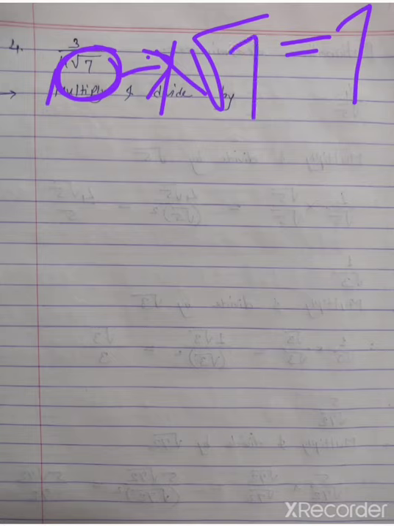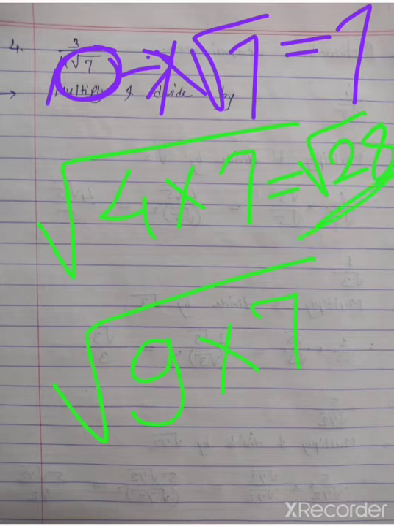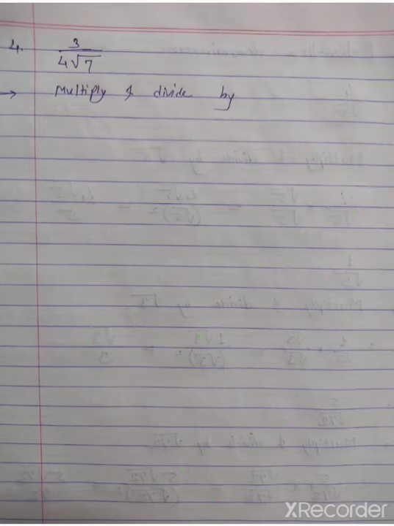You can use other numbers also. Like I use here 4 into 7, which is equal to root 28. So you can use root 28 also, because when you multiply and solve it, you will finally get a rational number. Here also you can use root 63, as 9 into 7 is 63. So root 63 is also a rationalizing factor of root 7. But try to select the simplest one.